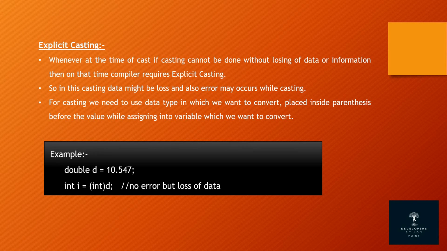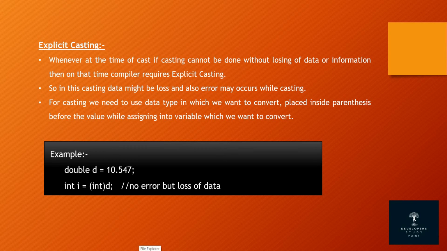In this casting, data might be lost, or an error may occur at the time of casting. To do explicit casting, firstly we write the data type into which we want to convert, and then the value which we want to convert. This is the process of writing explicit casting. I will show you with an example.